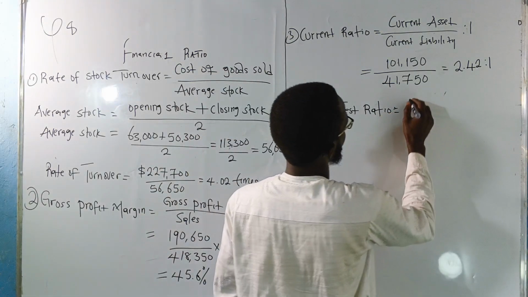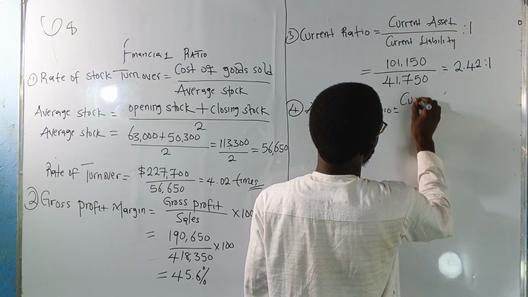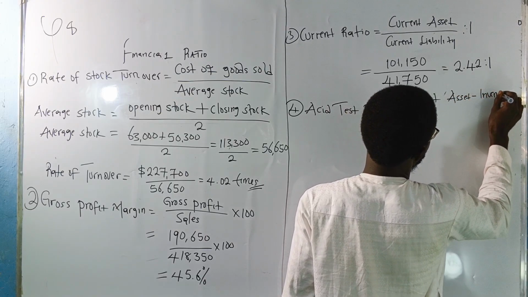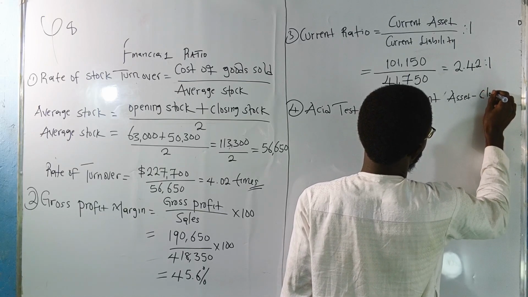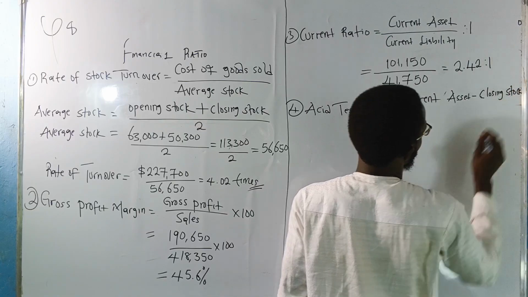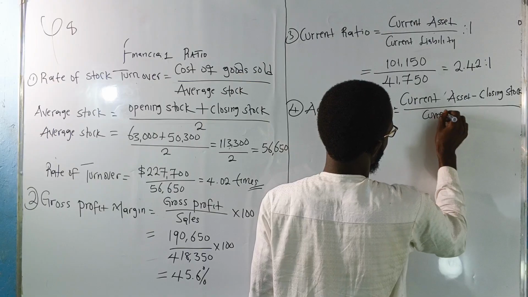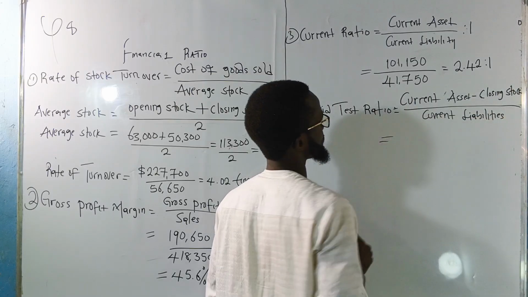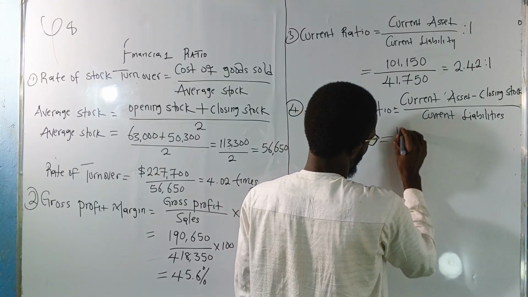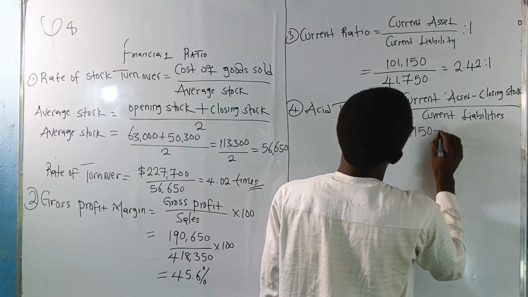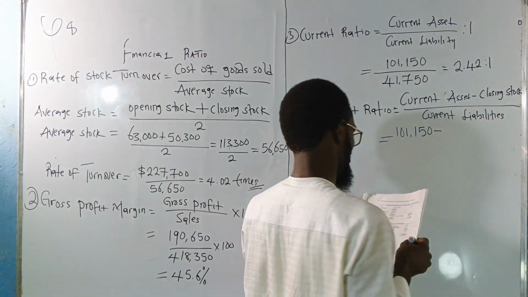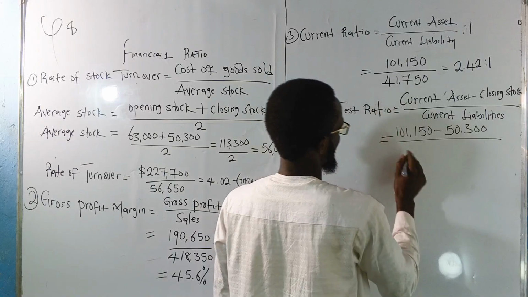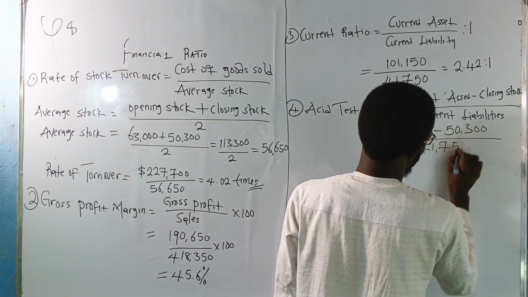Number 4, you can say current assets minus inventory, that is closing stock, all over current liabilities. So the answer will be 101,150 minus our closing stock, which is 50,300, all over our current liabilities, 41,750.